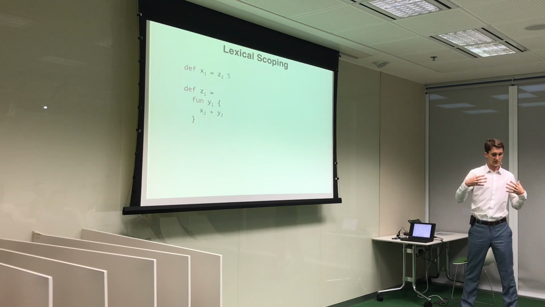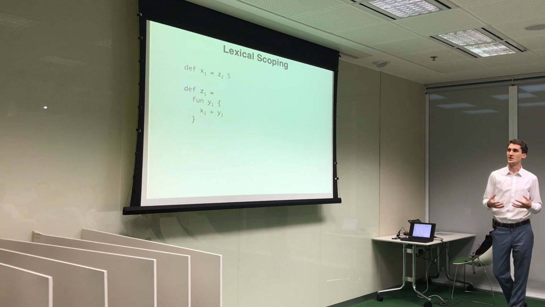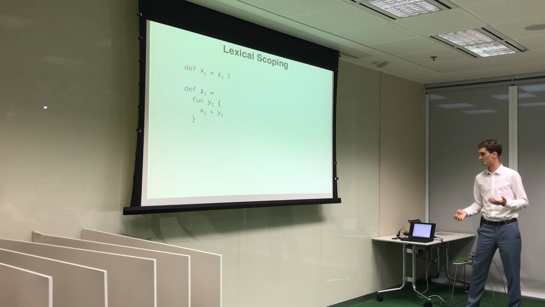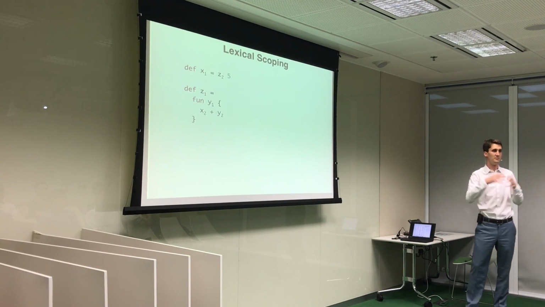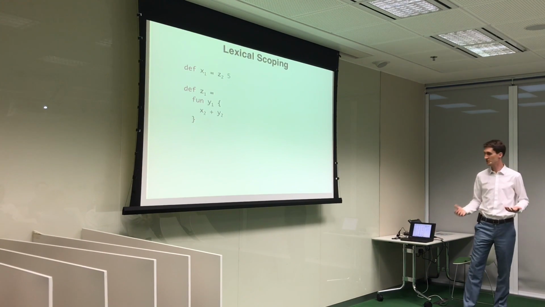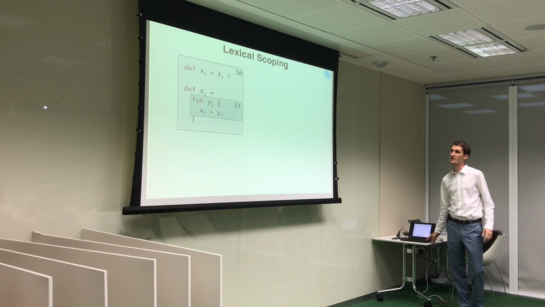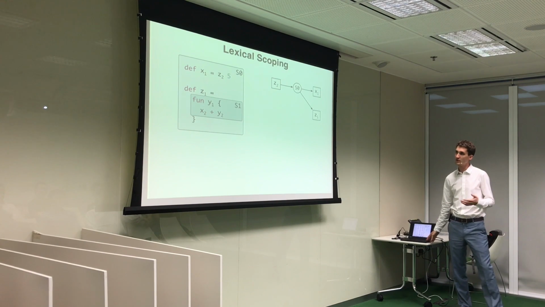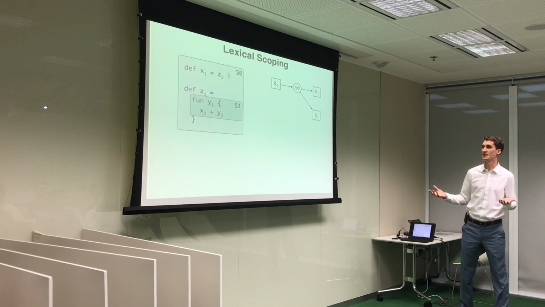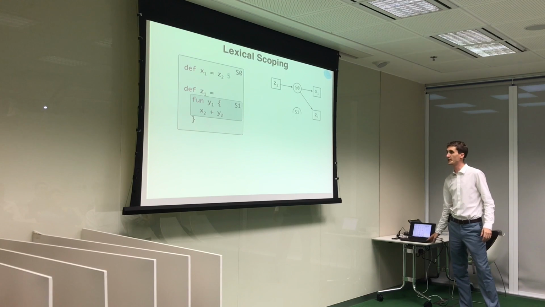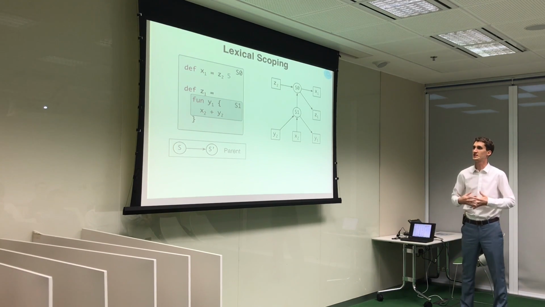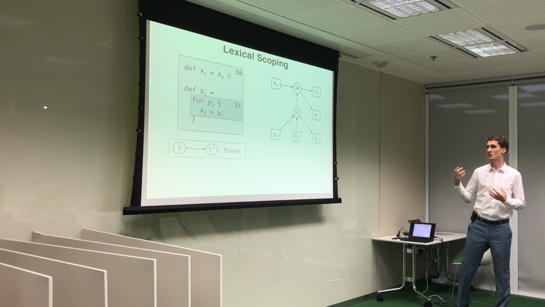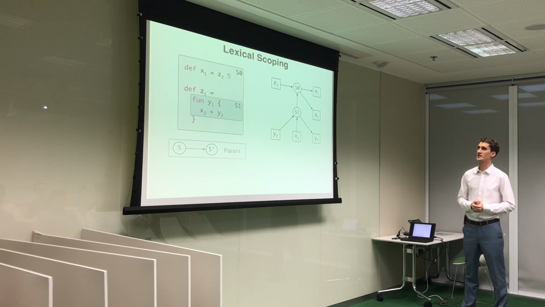So now, everything was in the same scope, but we can have nested scopes. So we don't have just one big bag of definitions, but we have nested definitions. For example, in this case, we have a first main scope which defines x and z, and then we have a nested scope inside it that defines a y and references an x and a y.